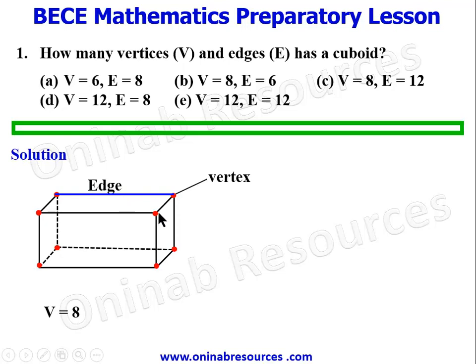So we have 1 here, this is 2, this is 3, this is 4, we have a 5, 6, 7, 8, 9, 10, 11, and 12. So there are 12 edges. So we say E equal to 12. So we say V equal to 8, E equal to 12. And the option there is option C. And that's the end of solution to problem 1.